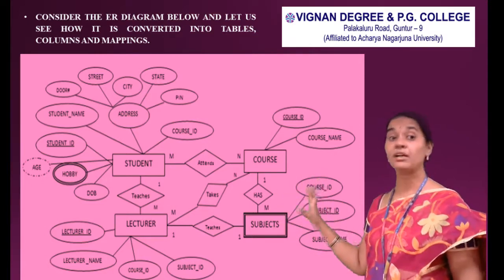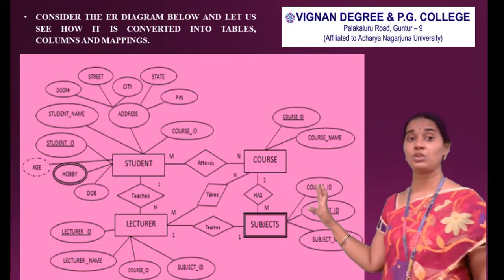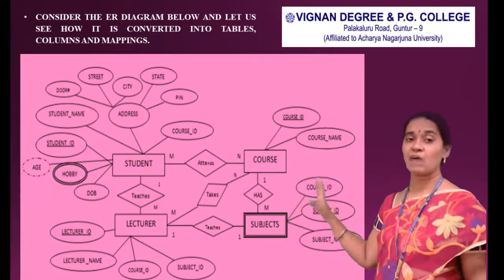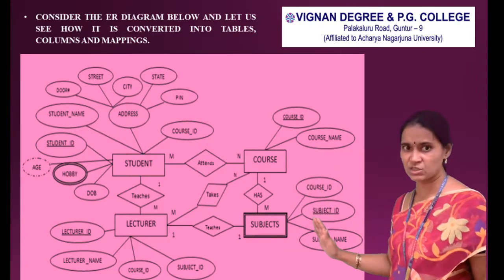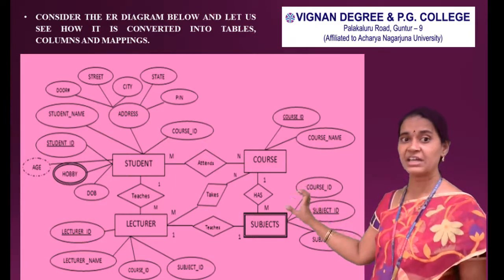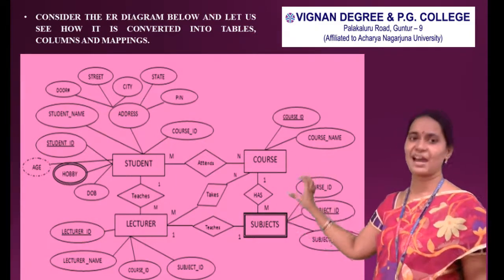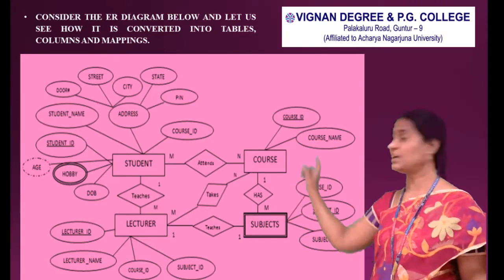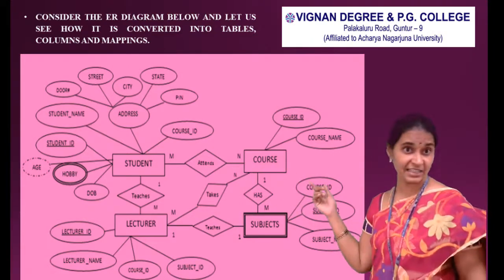One more important thing to be discussed about the attributes is key attributes. For every entity, definitely we will be defining a key attribute, which is represented in an oval with a line underneath that attribute.